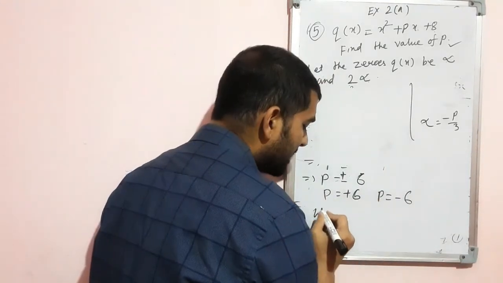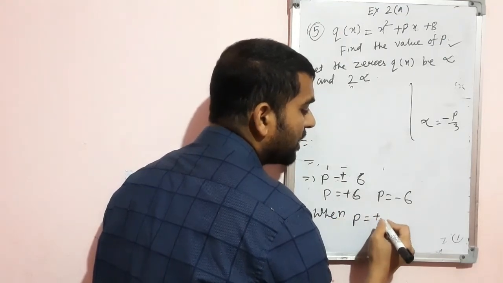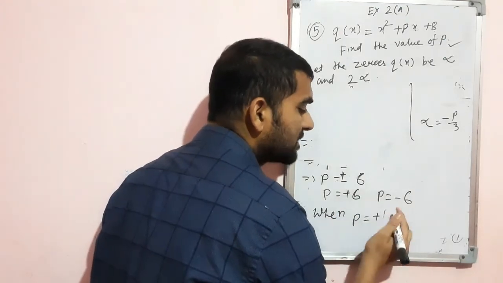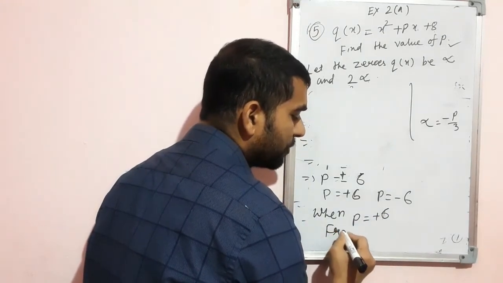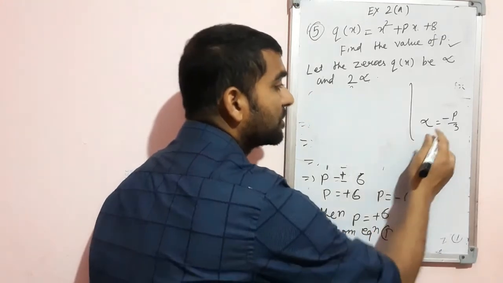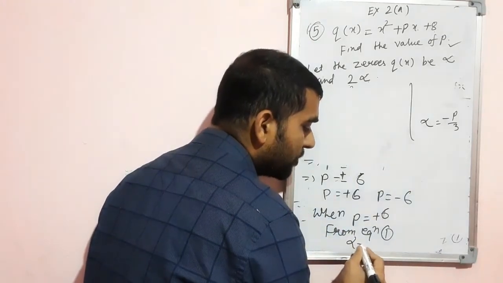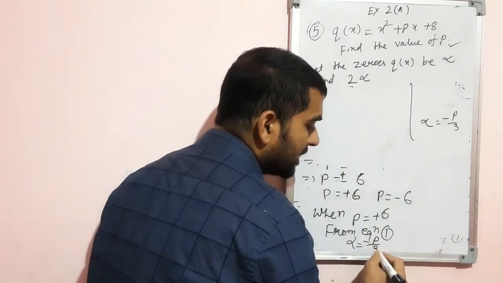So when p equal to plus 6, from equation 1, write down equation 1: alpha equal to minus p by 3. Yes or no?